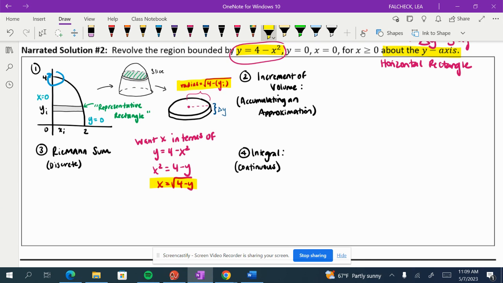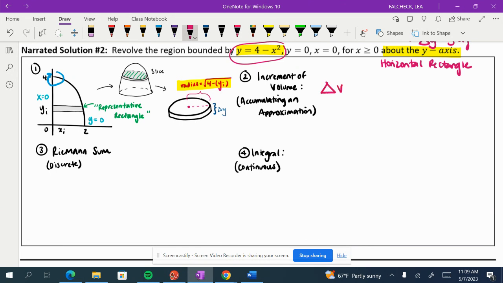We're going to use that function to generate the radius of our representative disk, and use that to find the volume of each of these disks, so that when we sum all these disks up, we get the volume of the 3D solid. I'm going to erase this because I need that space, and write the approximation of volume for my disk.